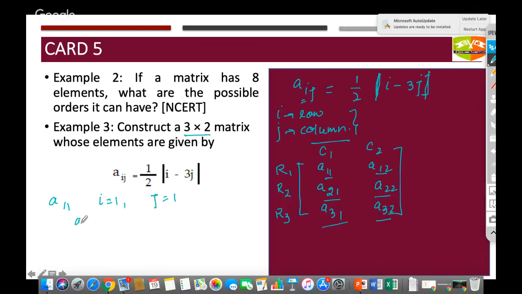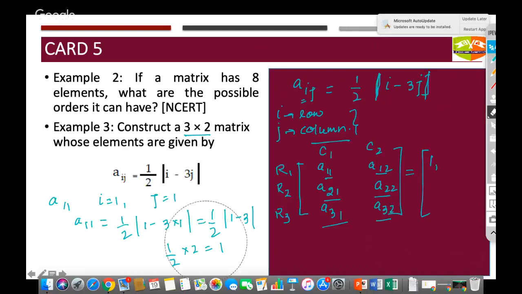So a11 comes out to be 1 by 2 modulus of 1 minus 3 into 1, which gives me 1 by 2 modulus of 1 minus 3, which is 1 by 2 into 2, that comes out to be 1. So if I draw the same thing over here, a11 comes out to be 1. Now let's find out a12.